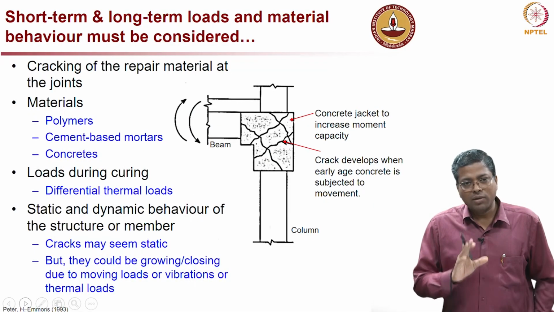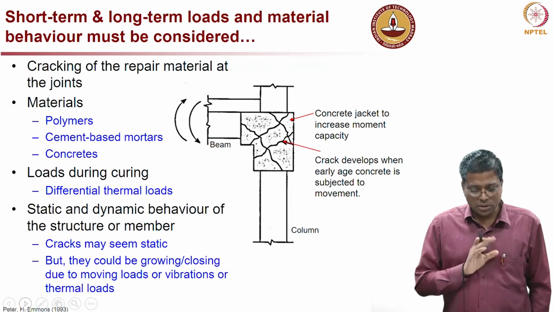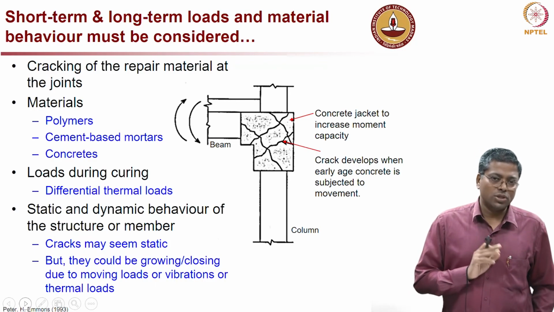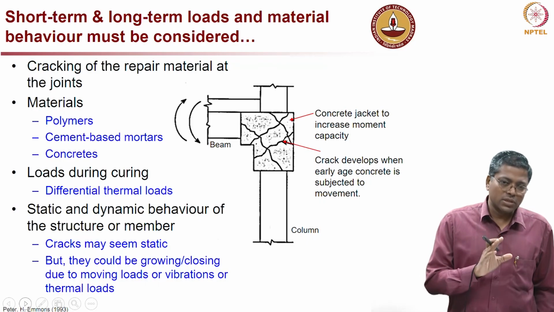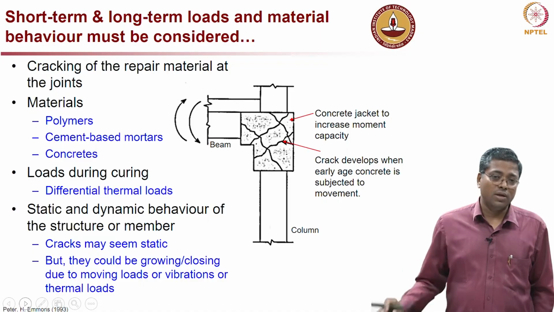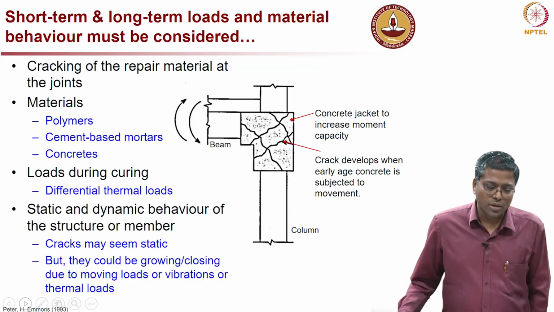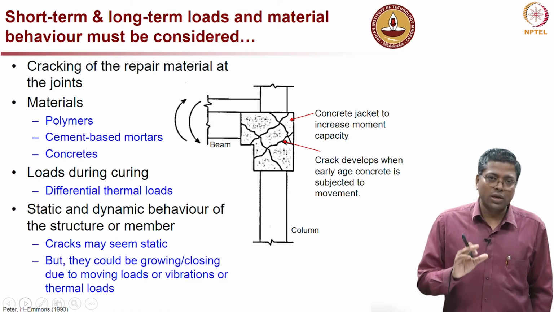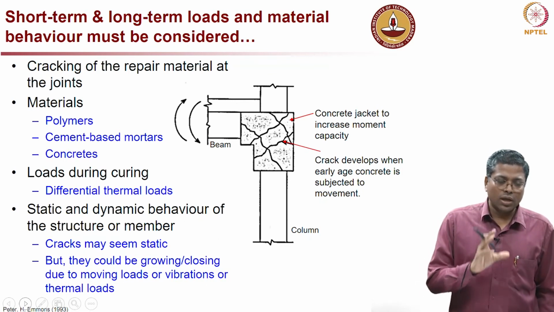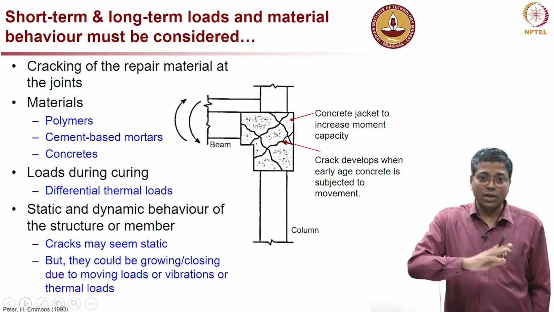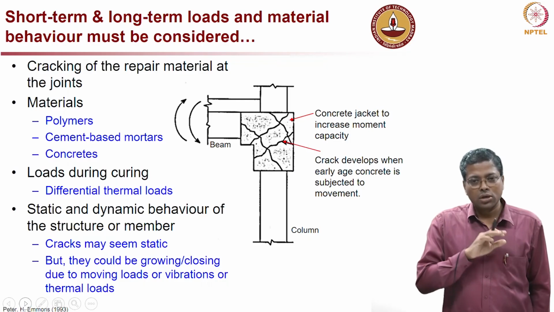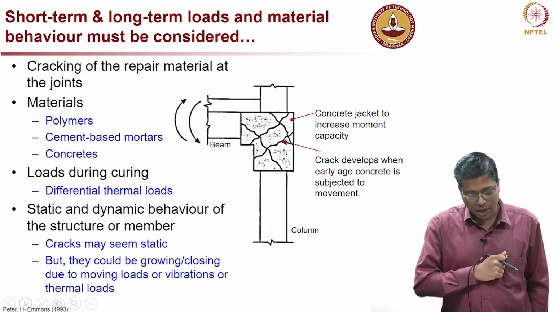And above all, one very important thing is we must think about short term and long term loads, not only the short term loads, because even if a system works very well for a short term load condition, it might not really work for long term load conditions. And in such cases, usually it is the material properties which are very, very important. You should think about how the material property can degrade over time, and make sure that the material which you use does not degrade over time.